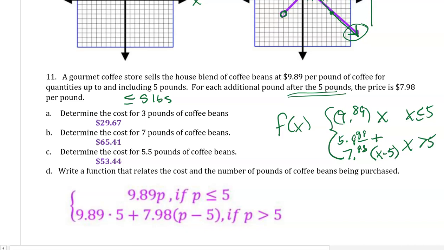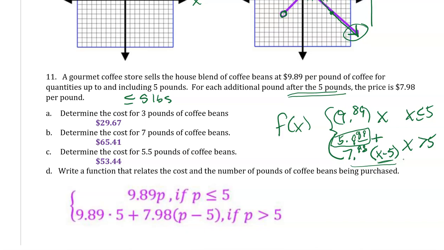Think about that for a moment. We take the first 5 pounds and we charge full price. And anything above that, we have to actually subtract 5 pounds to account for the fact that we've already paid for that coffee, and then take what's left over and multiply that by 7.98.